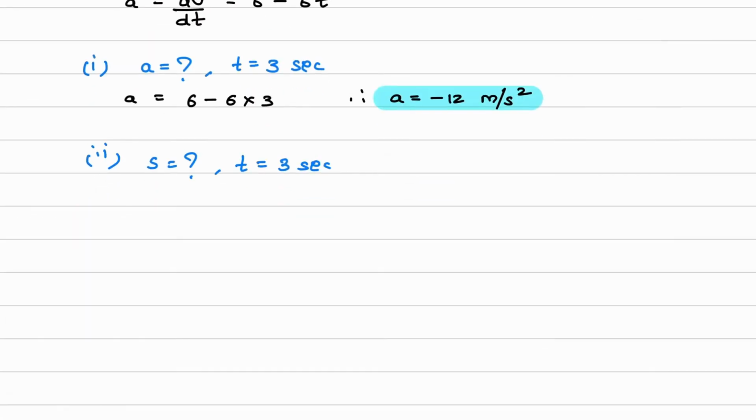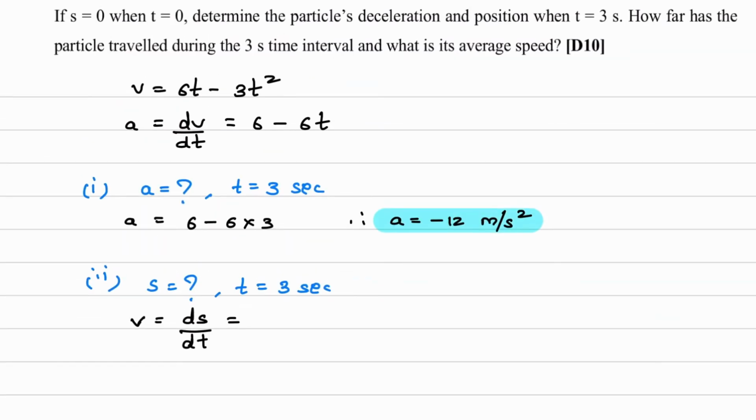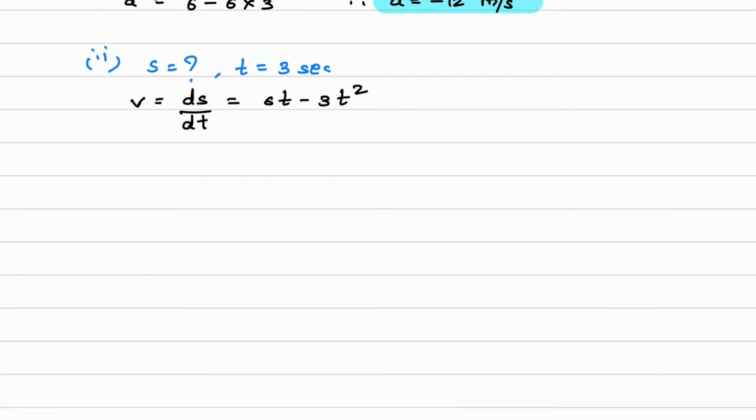So velocity is equal to, we can write ds by dt equal to, and we already have the equation of velocity, 6t minus 3t square. So we have to get the relation between s and t. Just take the dt part to the right hand side and integrate. So integration of ds is equal to 6 integral t dt minus 3 integral t square dt.